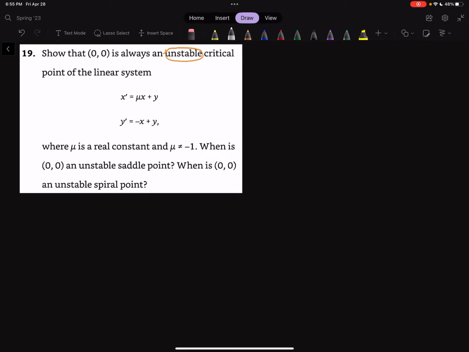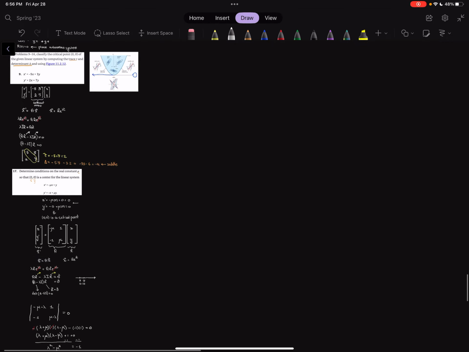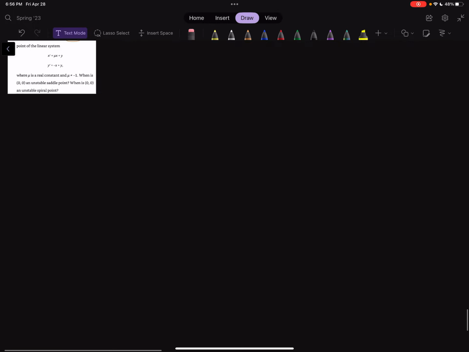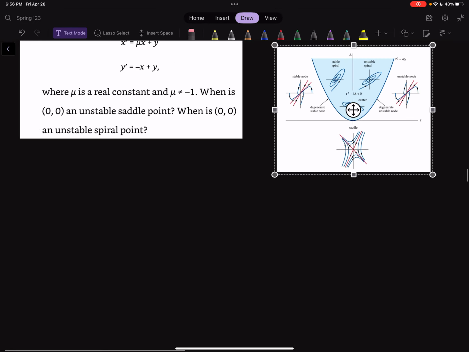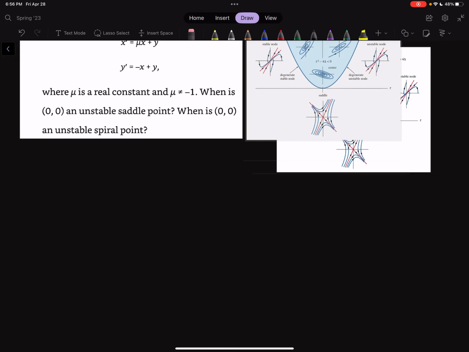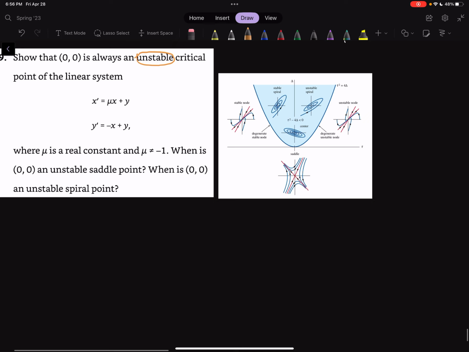And I think to do this one, it would be useful to keep in mind this picture right here. So I'm going to copy it, and I'm going to bring it down here. Paste. There it is. So this picture basically works for a 2 by 2.